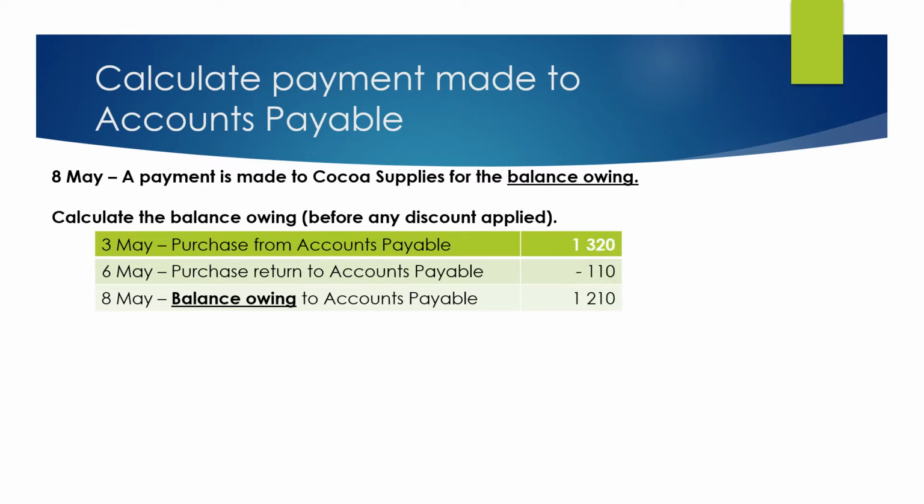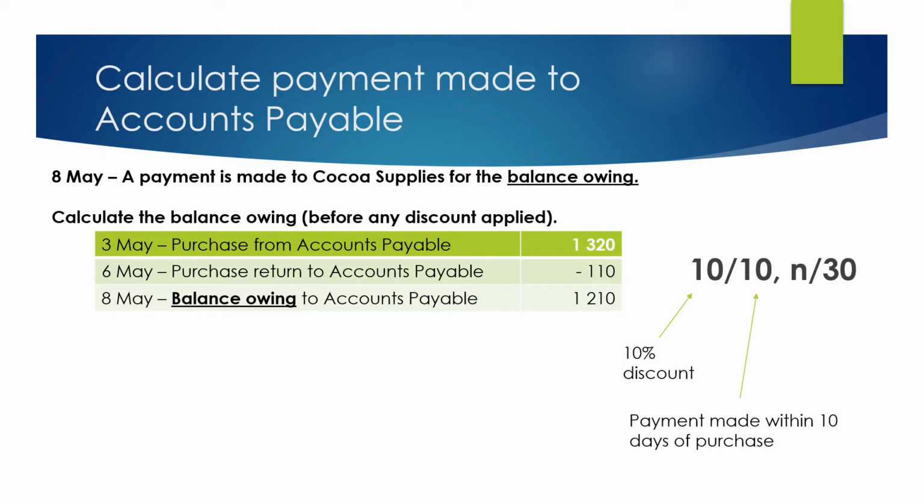To work out if discount applies, we'll need to have a look at the credit terms offered by the accounts payable. We'll also need to pay attention to the dates of the transactions. Looking at the credit terms, we can see that 10% discount will apply if payment is made within 10 days of purchase.